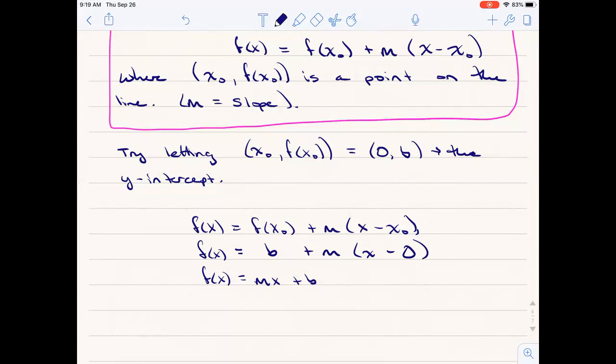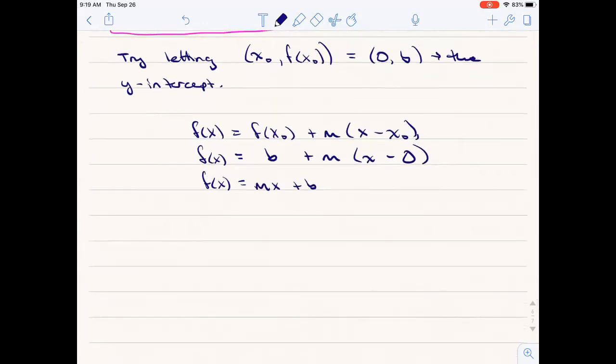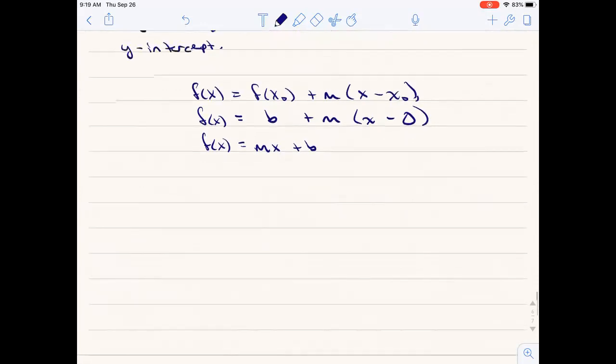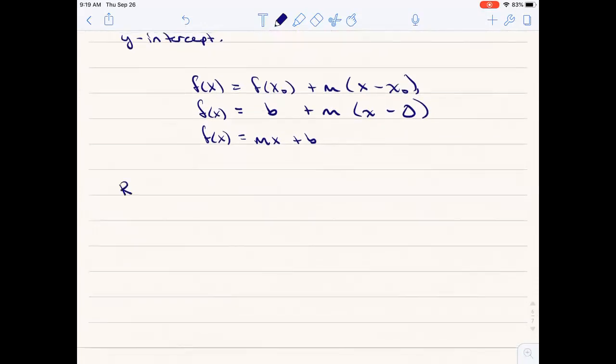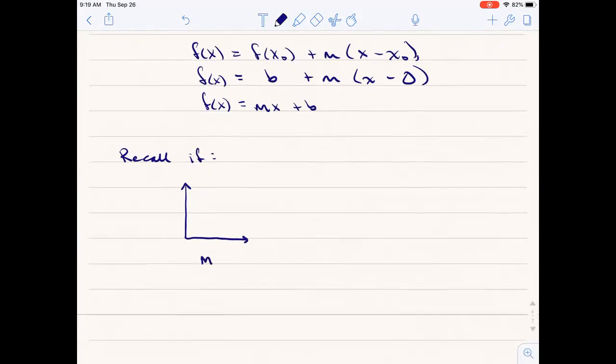Just as a note, because it is going to be important, if we have a positive slope, we've got an increasing relationship. So just recall that if m is greater than 0, our graph will look something like this.